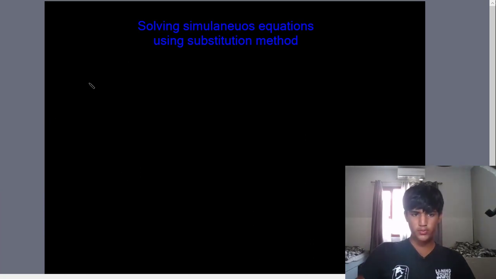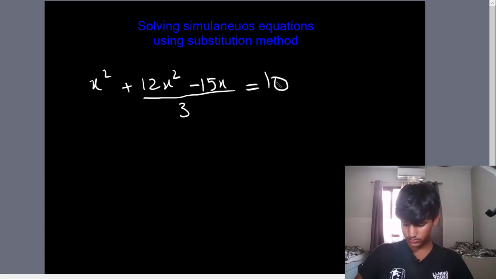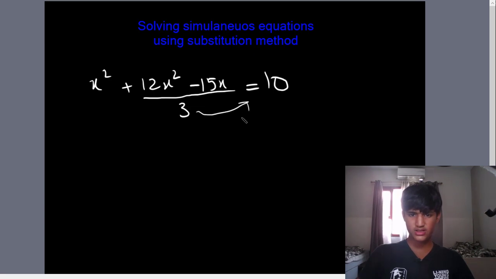Now when we open the bracket, we get x squared plus 12x squared minus 15x upon 3 is equal to 10. Now we're going to take this 3 and multiply it with 10 on the other side.